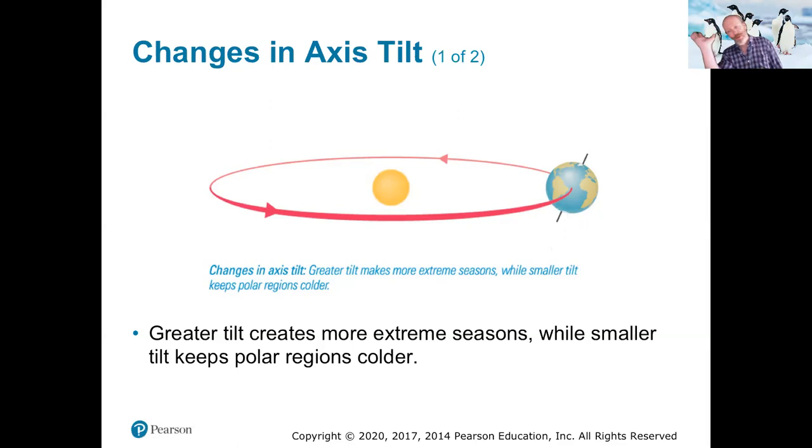If we're tilted even more, there's going to be more of an extreme between the seasons. If we're tilted less, there will be less of an extreme. So one of the things that happens there is our tilt is 23.5 degrees, but sometimes we're all the way over to 25, and sometimes we're back up to 22. We wobble just a bit.